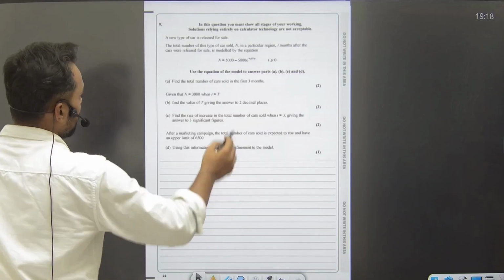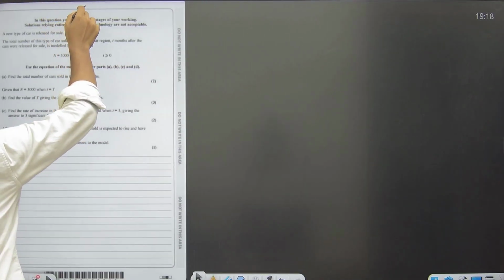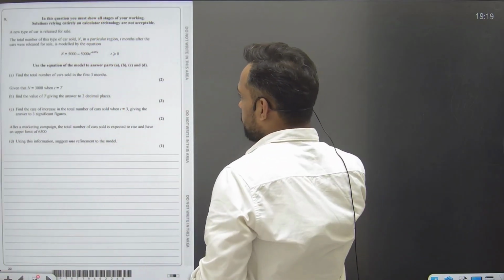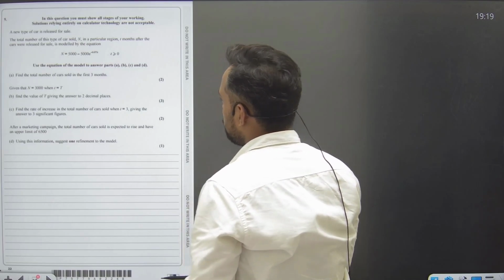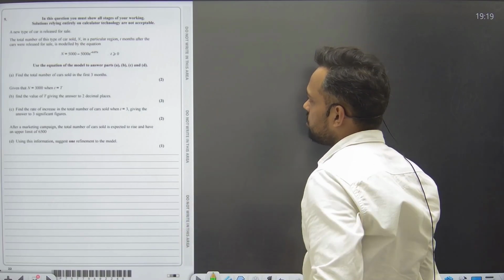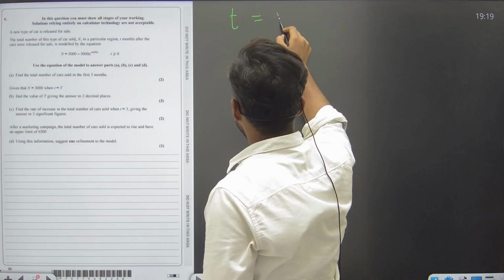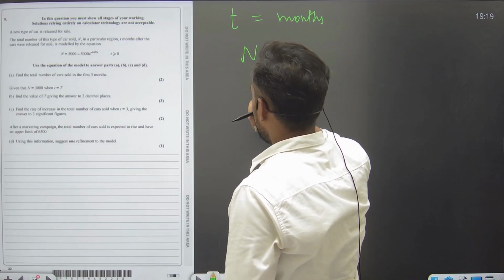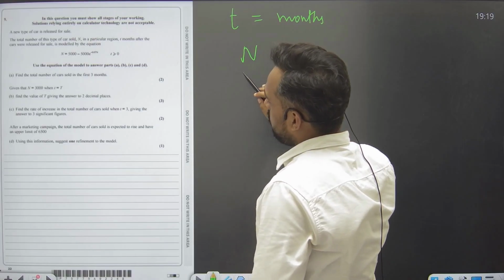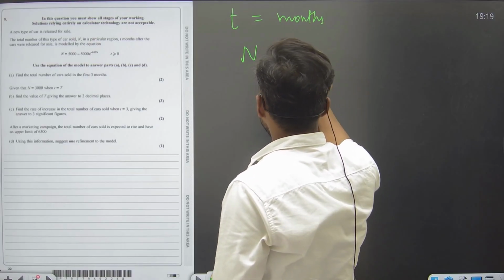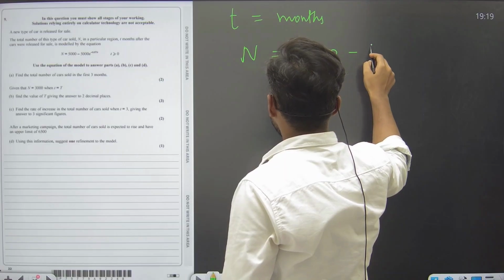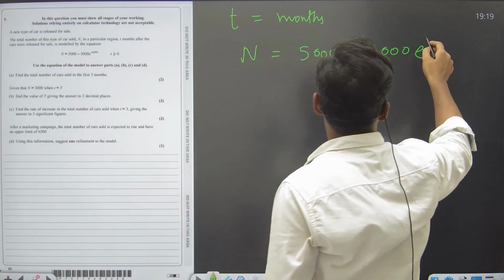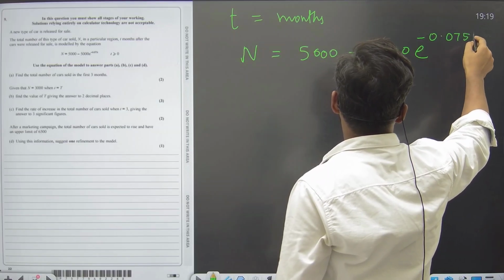Okay, they have given a certain exponential term to us, student. A new type of car is released for sale. The total number of this type of car sold, n, in a particular region, t is months. The number of cars sold is given by n equals 5000 negative of 5000 e raised to the power negative of 0.075 t.